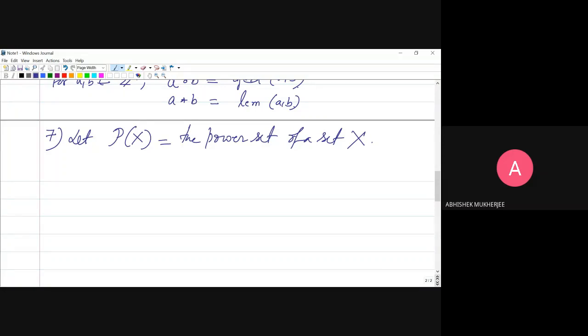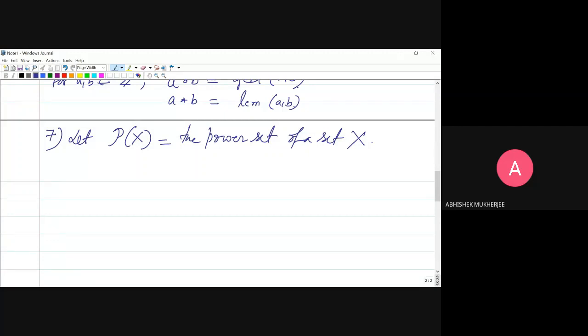So this algebra on sets, these are actually binary operations on the power set of X.